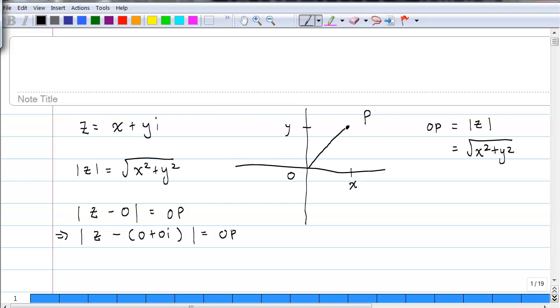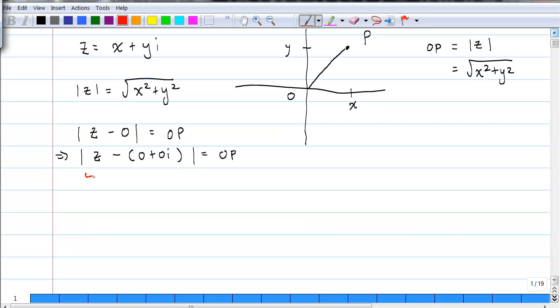So the modulus of z, the square root of x squared plus y squared, is the distance between the complex number z, represented by the point P, and the origin, which is usually represented at the point O.